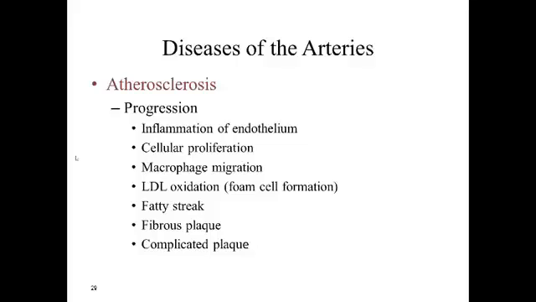Number 2, you get numerous inflammatory cytokines that are released, including tumor necrosis factor alpha, TNF-alpha, interferon-gamma, IFN-gamma, and interleukin-1, IL-1, as well as toxic oxygen radicals and heat shock proteins.